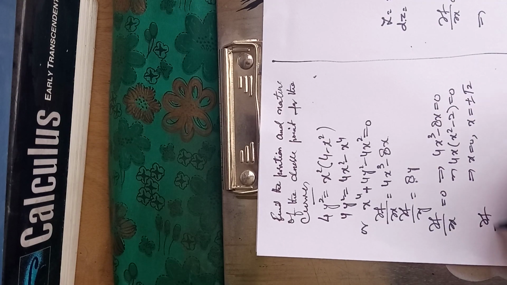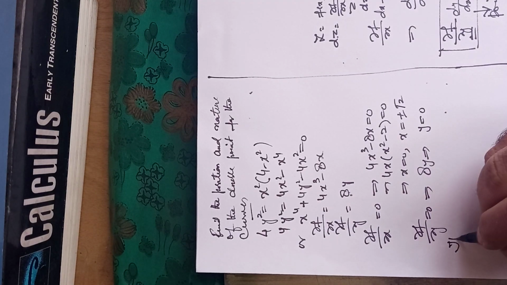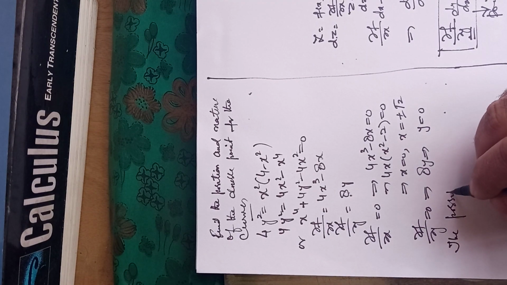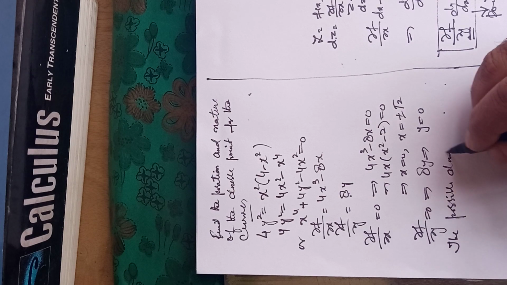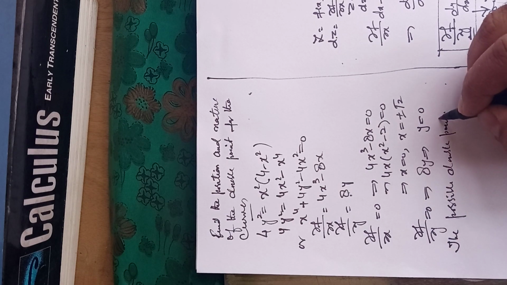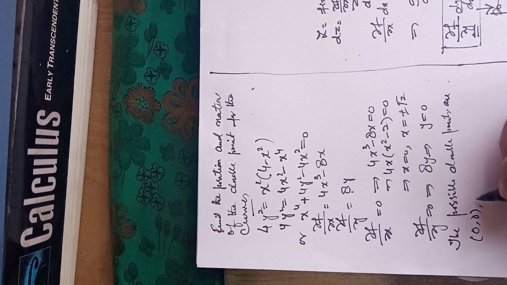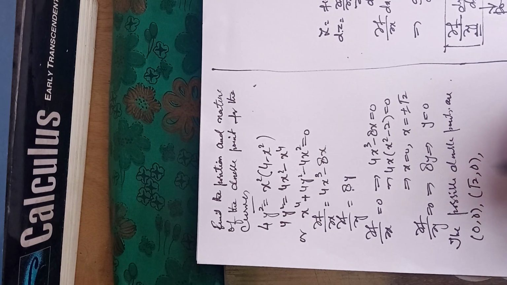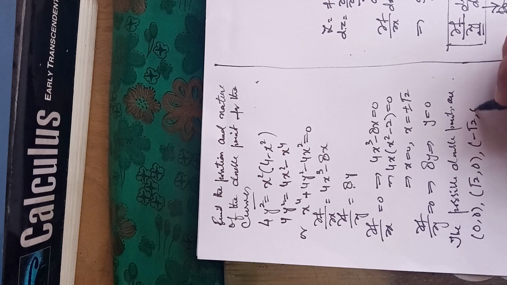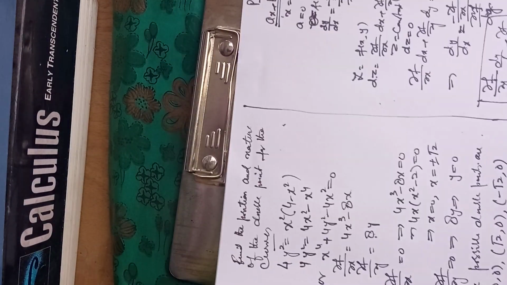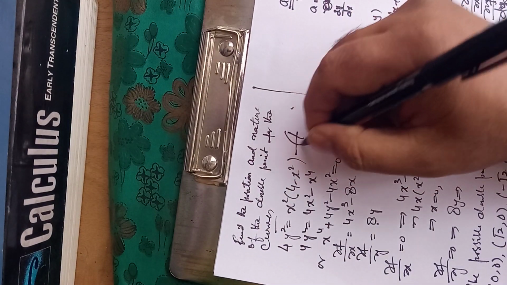Similarly, del f/del y = 0 means 8y = 0, so y = 0. So the possible double points are (0, 0), (√2, 0), and (-√2, 0).